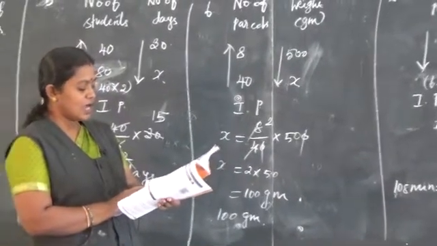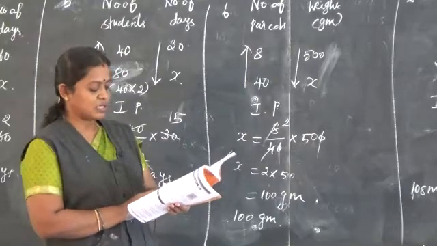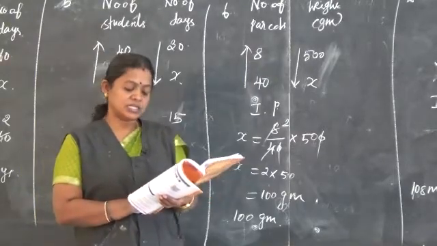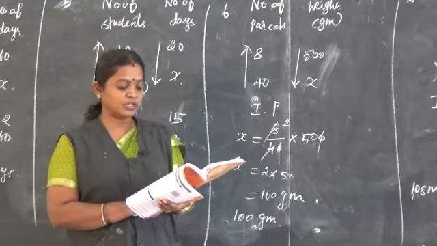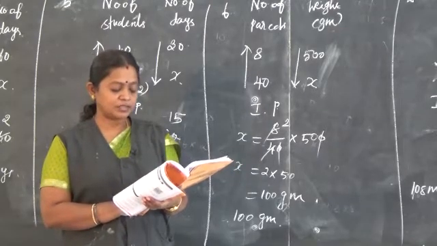Now come to the seventh one. It takes 120 minutes to weed a garden with 6 gardeners. How many gardeners are involved? 6 gardeners. They are completing the work in 120 minutes. The same work is to be done in 30 minutes.